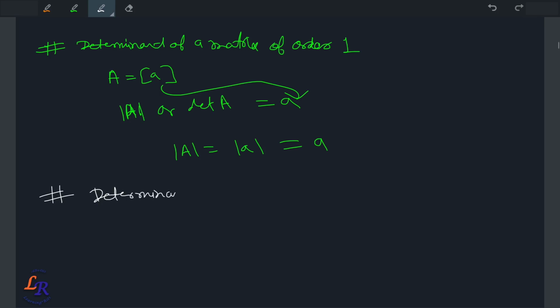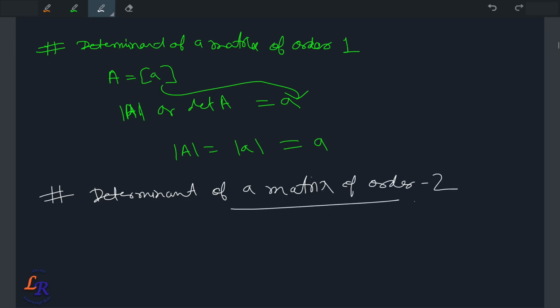Now talking about the determinant of a matrix of order 2. For example, say you have a matrix with A11, A12, A21, A22. Remember, the first digit represents the row number and the second digit the column number. This is a 2 cross 2 matrix, or a matrix of order 2.